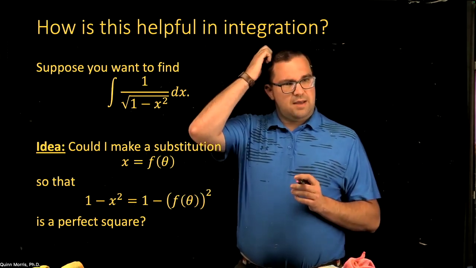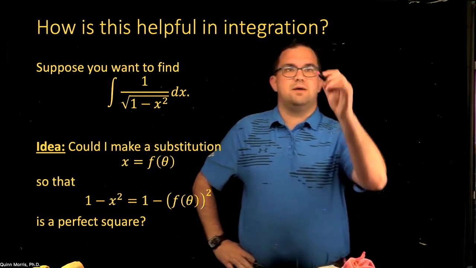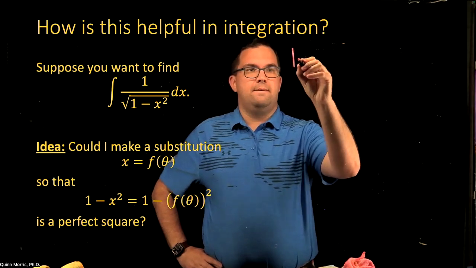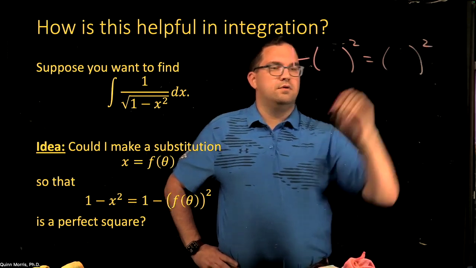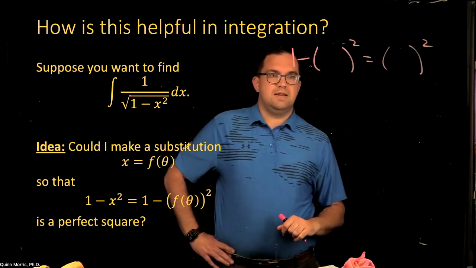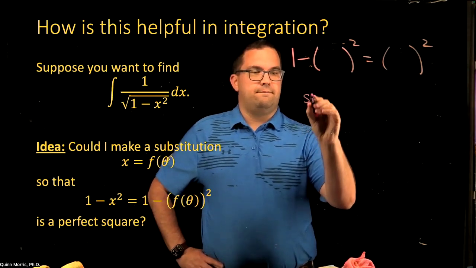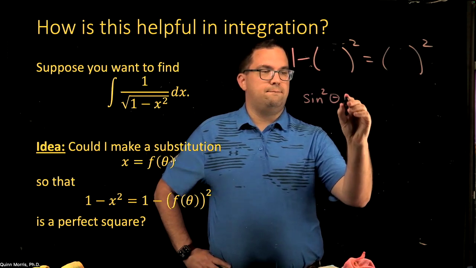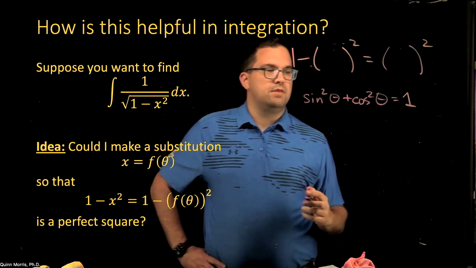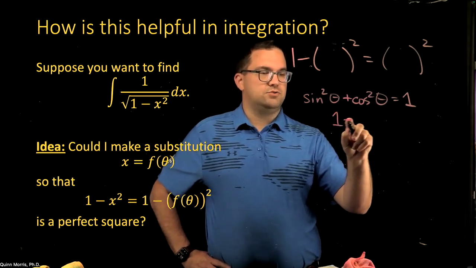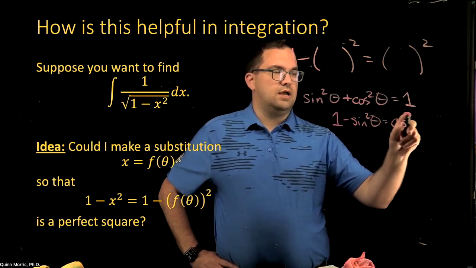So as I look at this, I might wonder, well, what sort of substitution would make sense here? I'd like something so that 1 minus that thing squared becomes something else squared. And if I think back to the trig identities we were looking at earlier, I remember that sine squared theta plus cosine squared theta is equal to 1. And if I rewrite that, that's 1 minus sine squared theta is equal to cosine squared theta.